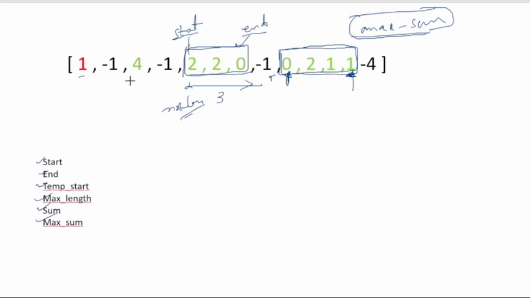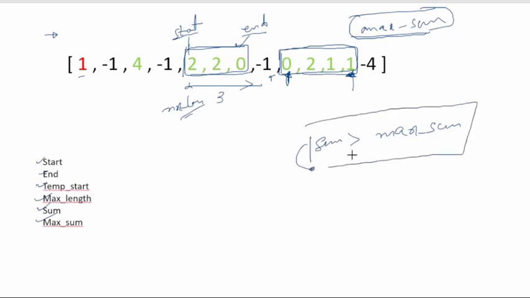So at every given positive number, suppose we are iterating the array from the start and we come across a positive number, and we are calculating the sum, so at any instant we come across a sum greater than our maximum sum, instantly that subarray becomes our answer, because the first condition was to find the subarray with the maximum sum, right? So this is the number one condition.